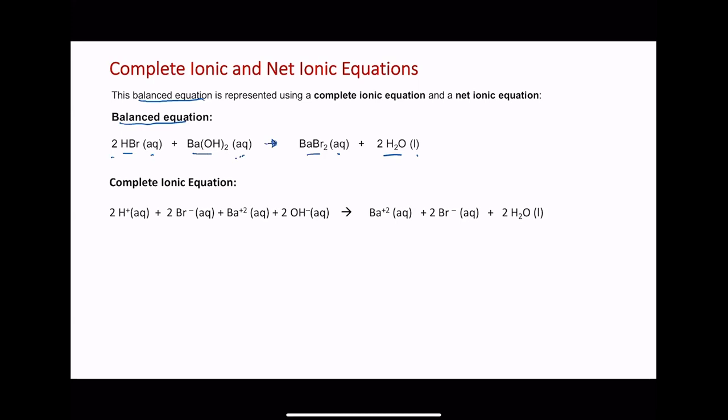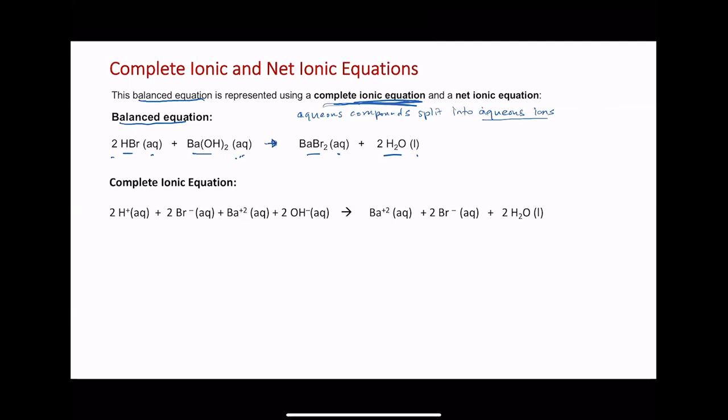So now remember that you can write what's called the complete balanced equation, and you can write the complete ionic equation. The complete ionic equation takes any aqueous compounds and splits them into ions. Just like we did in those two tables for the strong electrolytes and the weak electrolytes, you want to split these into the aqueous ions.